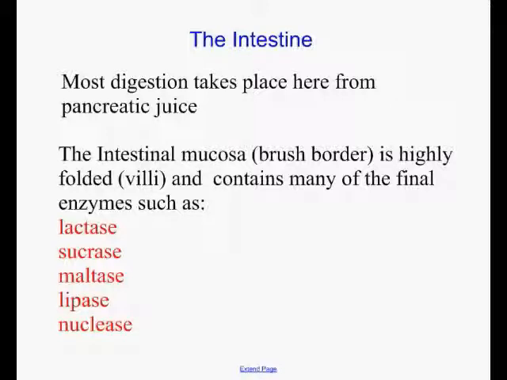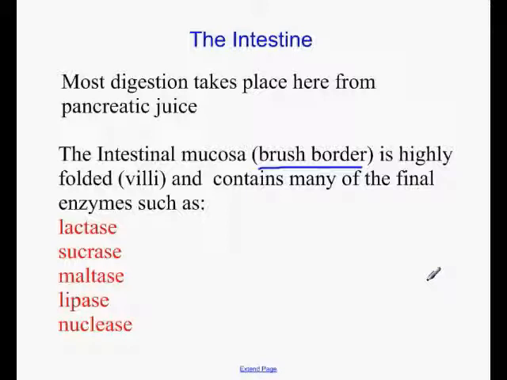Okay, now, everything in the small intestine is starting to get digested pretty well, but there's actually one more place that major digestion takes place. And that is actually in the lining of the small intestine itself, or what we call the brush border. Now remember from your basic biology last year, we talked about the fluid mosaic model.